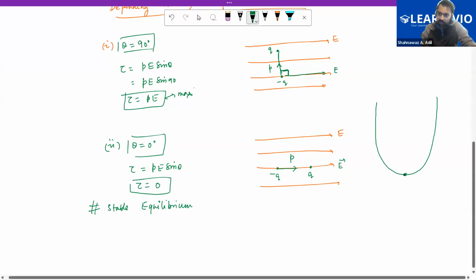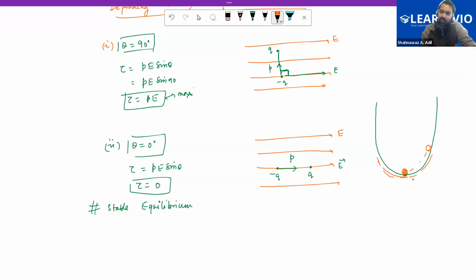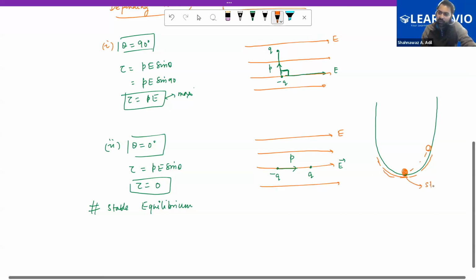You have this point, and if you take this mass and place it in here, what will it do? It will again roll, oscillate, and come back to its initial position. So this is what we call the stable equilibrium.